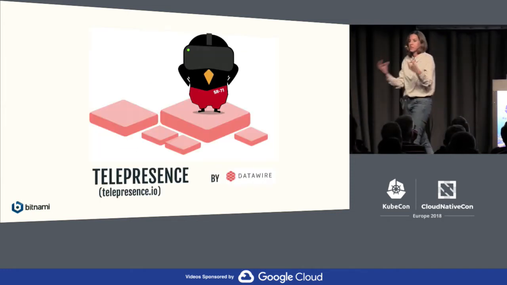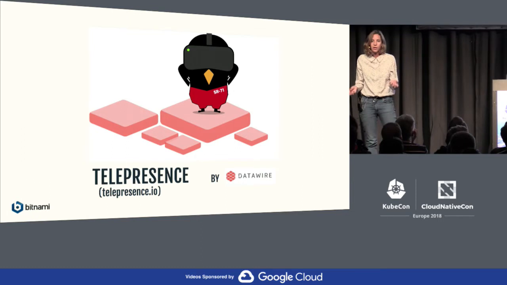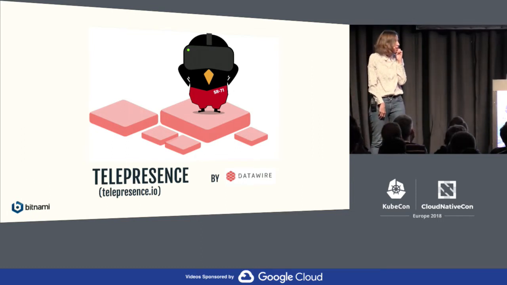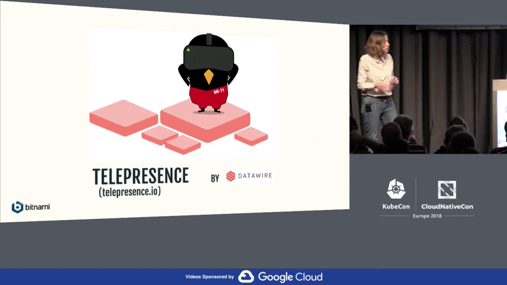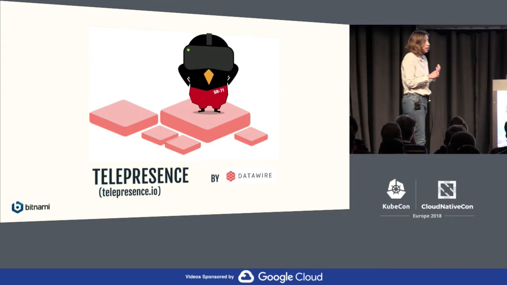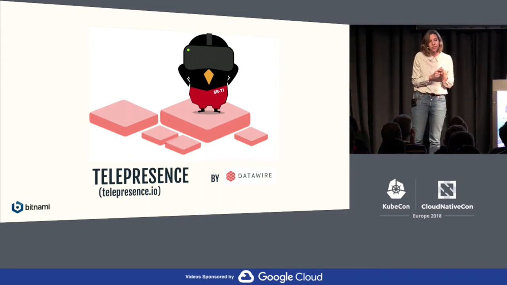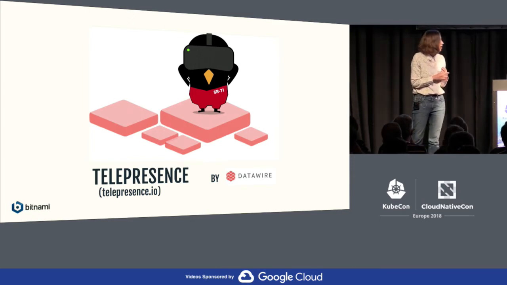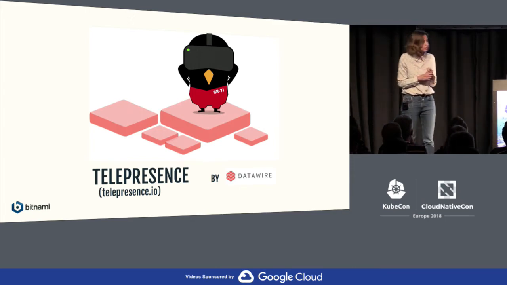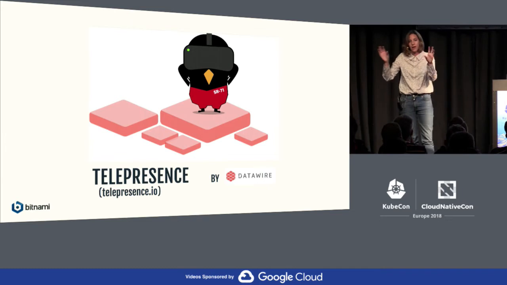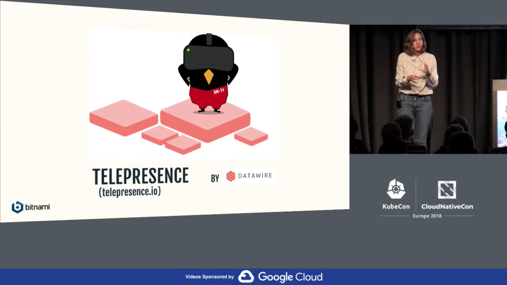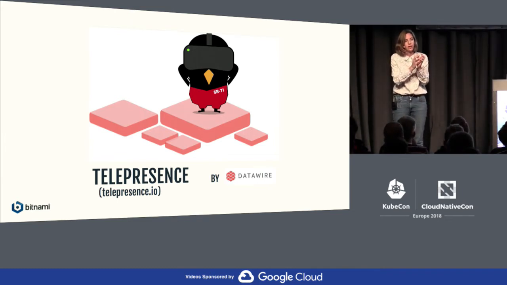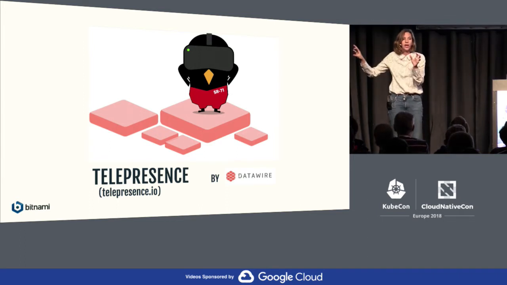So obviously, this is a problem that a lot of people are thinking of. And there are several solutions that are there. And as I said, we discovered Telepresence last KubeCon. It's a tool by a company called DataWire. And very, very high level, what it does is allows you to run a process that is fully connected to a cluster.